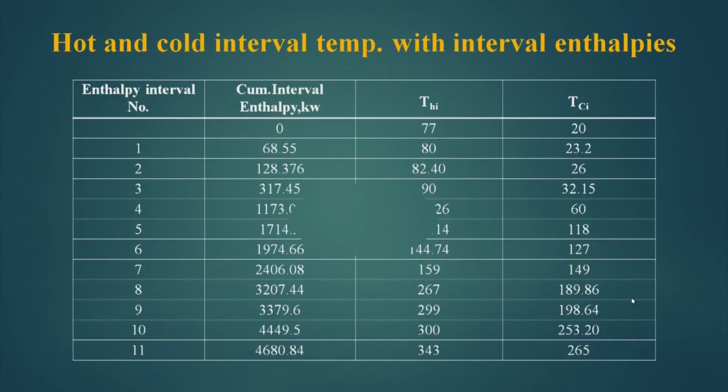Now, this shows that we have computed all the temperatures required, including the unknown temperatures of the balanced hot composite curve and the unknown temperatures of the balanced cold composite curve.